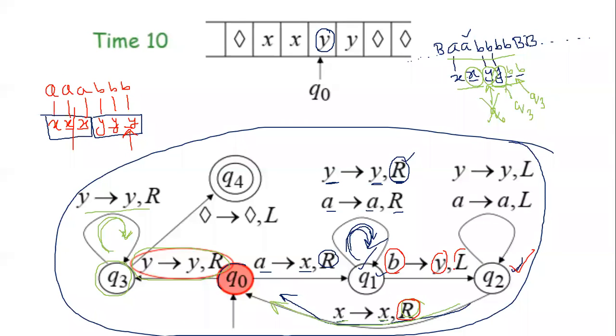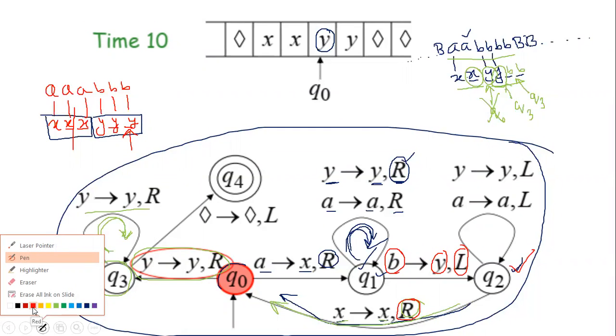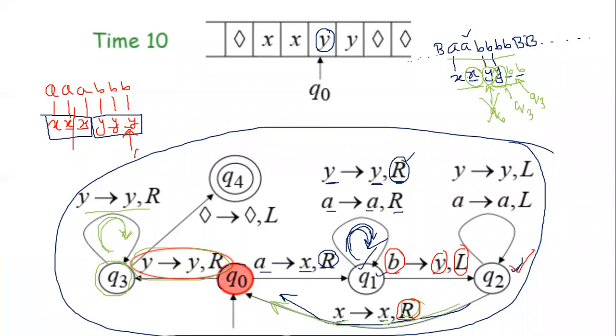And I go towards left. Right now, I am in Q1. Now, after changing this B to Y, and since I've said that I will go to left, my new state will be Q2.